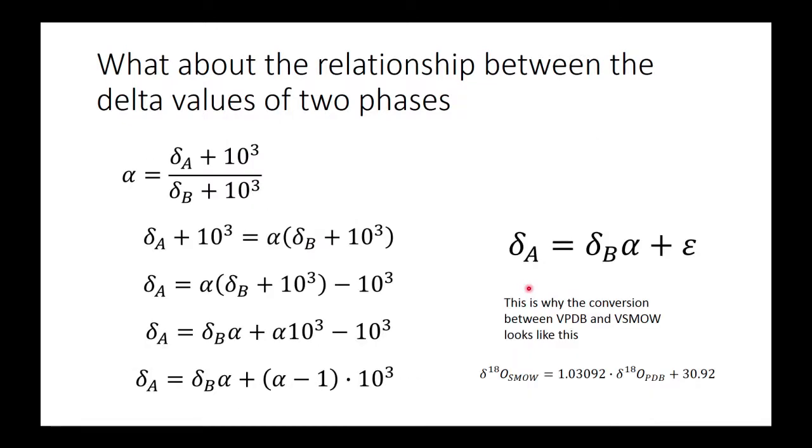So if we're just thinking about two different things, both of which are different standards for the same thing, for the example of oxygen isotopes, we've got two standards. One of them is the PDB standard for measuring in carbonates.